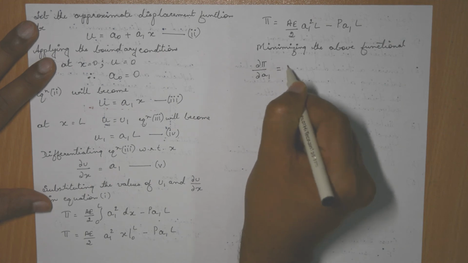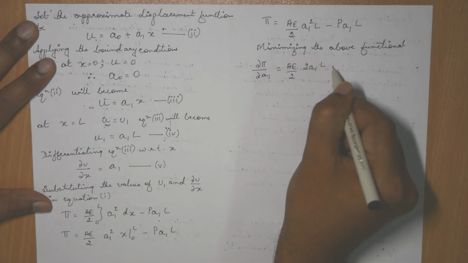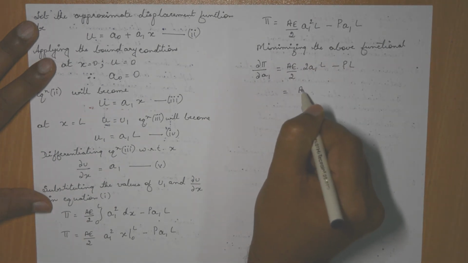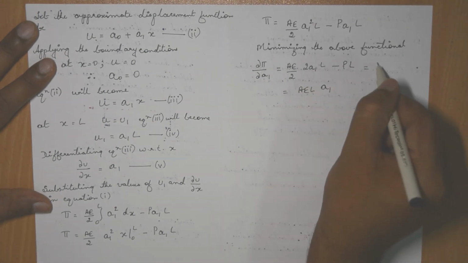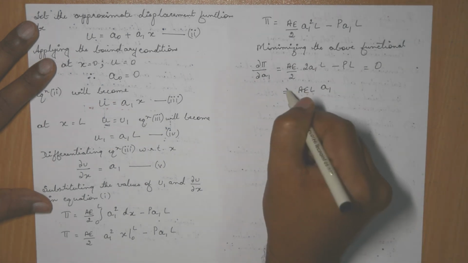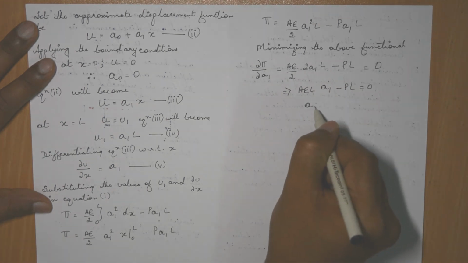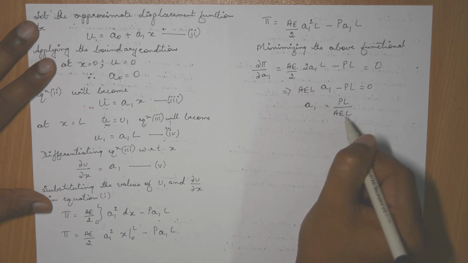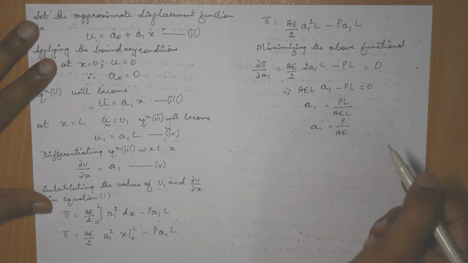Dou pi by dou A1 is equal to AE by 2 into 2 A1 L minus P into L, or AE L A1. Whenever you minimize something, it should be equal to 0. So dou pi by dou A1 will be equal to 0. This means that AEL A1 minus PL equals 0, or A1 is equal to PL by AEL, or A1 equals P by AE.